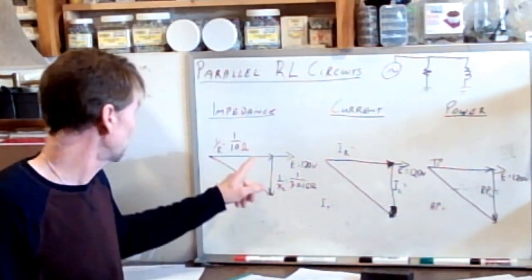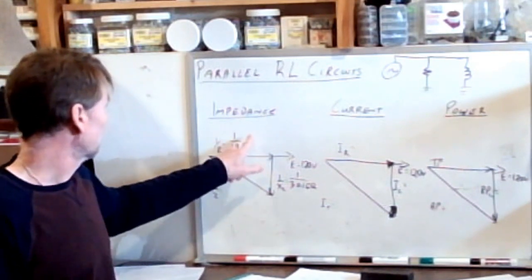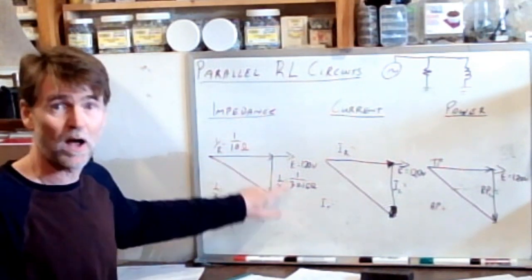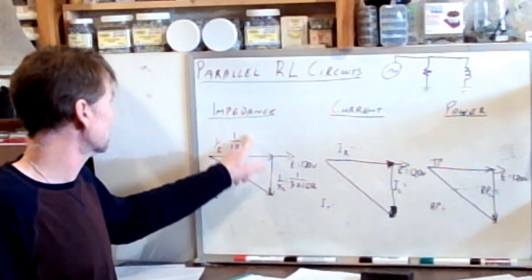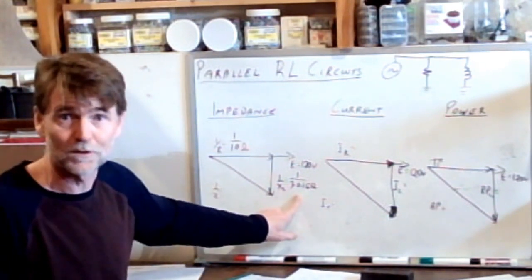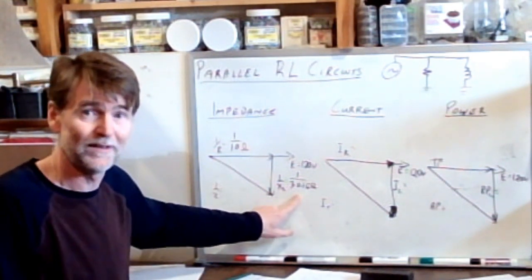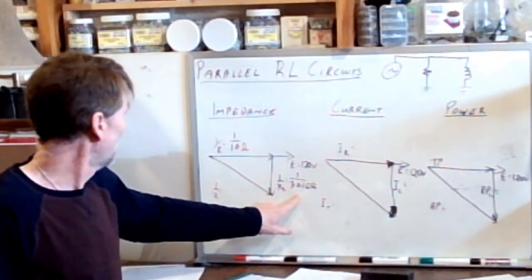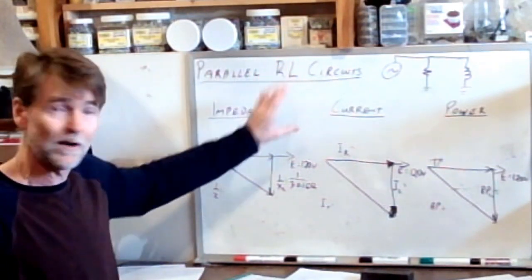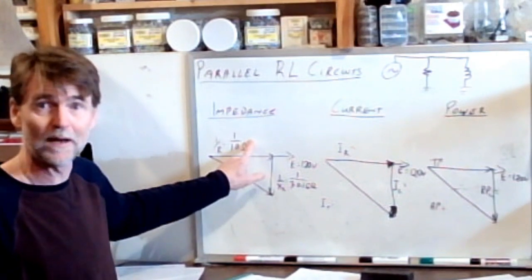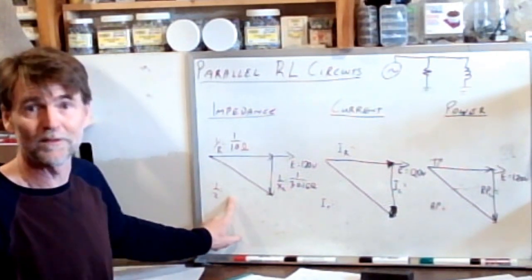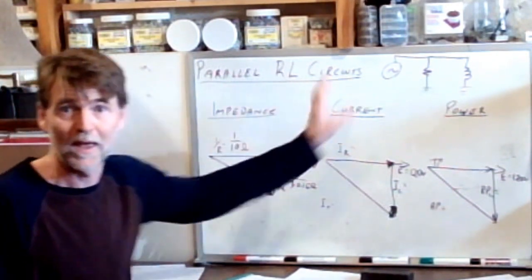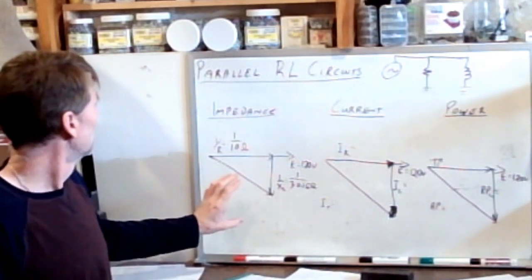So the first thing to notice is that when we label the sides of the impedance triangle, we must show those as the inverse values, okay, here on the triangle. Now, when this was a series RL circuit, we had two nice clean numbers there. We calculated for the hypotenuse of our impedance triangle, and off we went, okay?